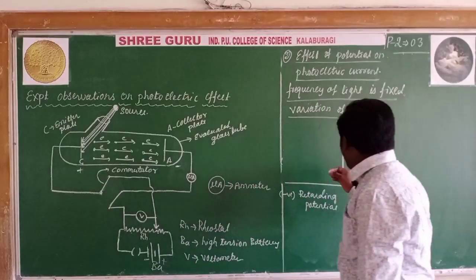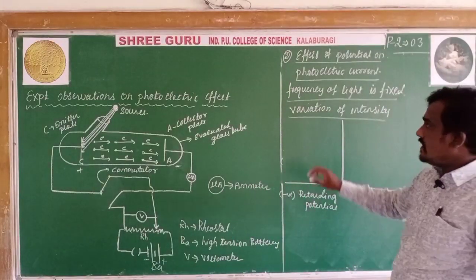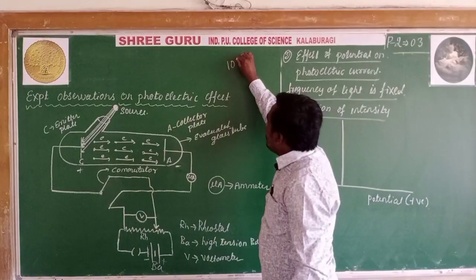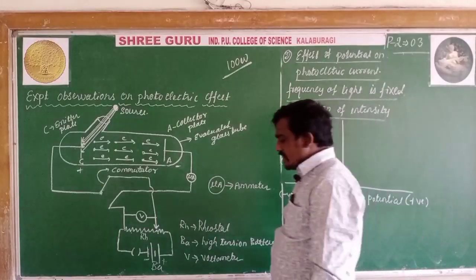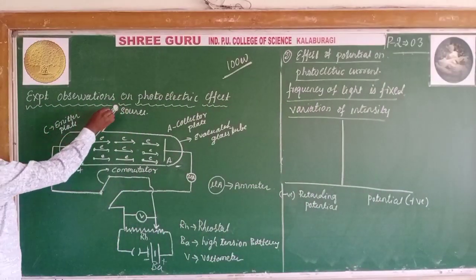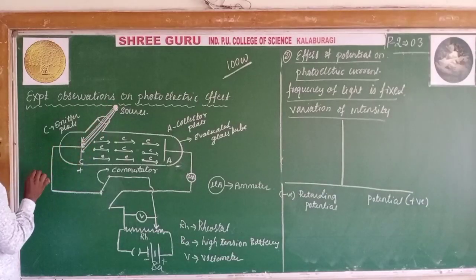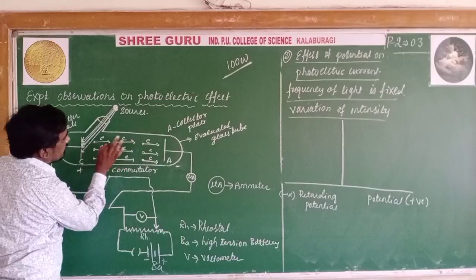Now, intensity increases. Initially I am considering a certain intensity, let us consider 100 watt. The first intensity of light incident on the cathode tube is 100 watt. This 100 watt intensity causes a certain number of electrons.